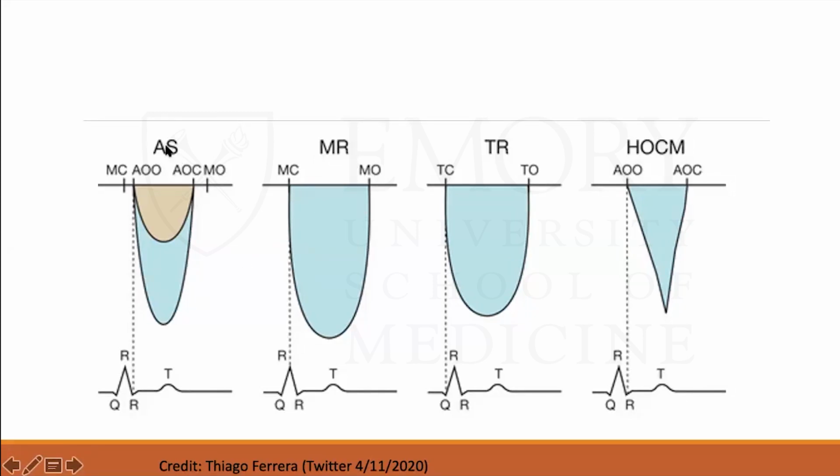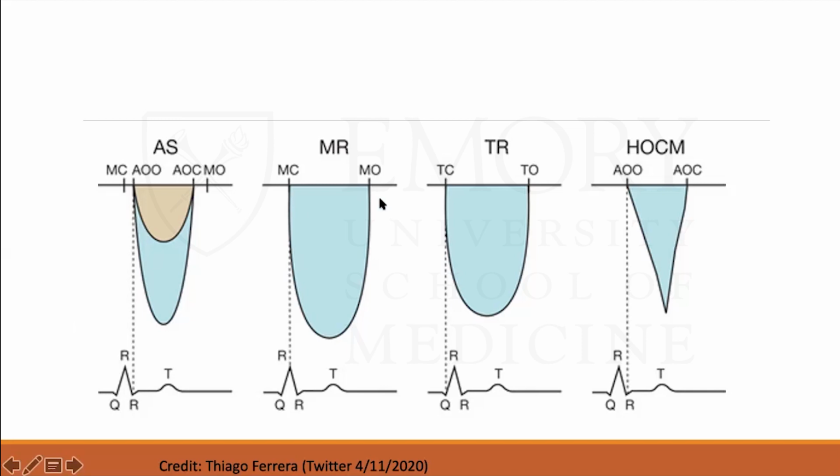flow. With AS, you shouldn't see any flow until the aortic valve actually opens, right? And that flow should go away once you see the aortic valve close. The mitral valve closes before the aortic valve. This is your isovolumic contraction time.